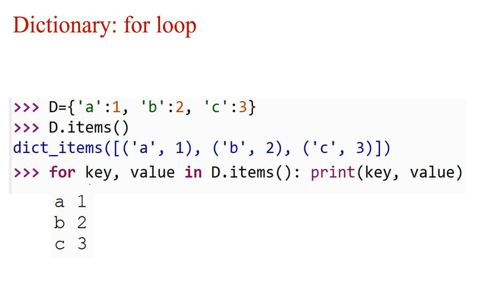You can use a for loop to iterate over the items of a dictionary. If you use these 2 variables, key and value, this is going to iterate over the items shown over here. You print out the key and value, and you get this output. So this is your output for this for loop: the key and value pairs for the dictionary.